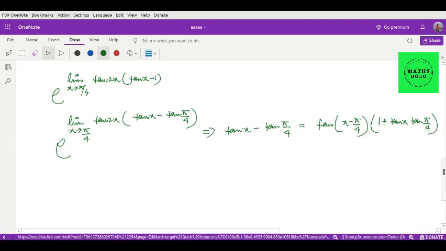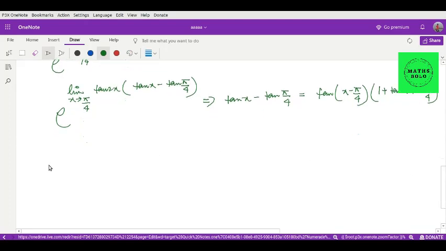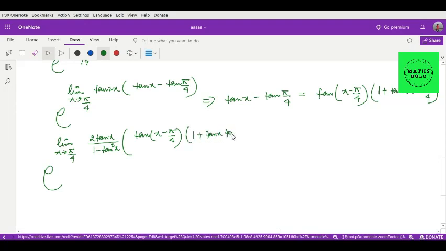Now further this becomes e to the power limit x tends to pi upon 4 of 2 tan x upon 1 minus tan square x into tan of x minus pi upon 4 into 1 plus tan x tan pi upon 4.